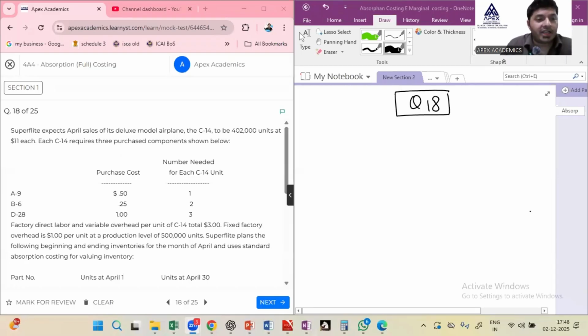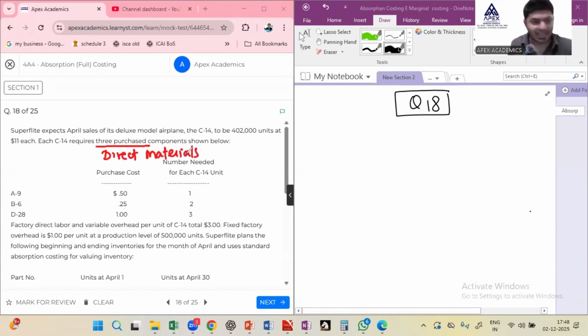So Superflight expects April sales of its deluxe model airplane, the C-14, to be 4,02,000 units at $11 each. Each unit of C-14 requires 3 purchased components below. But these 3 purchased components are nothing but your direct materials.